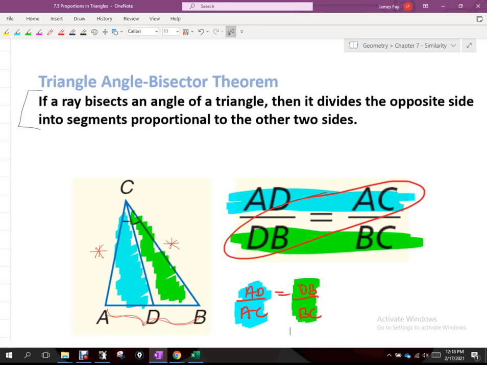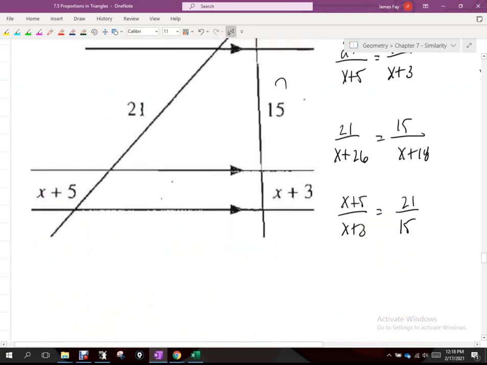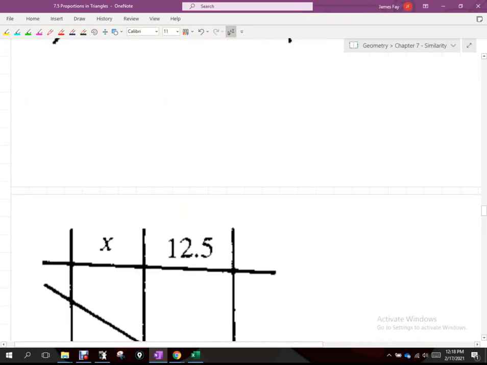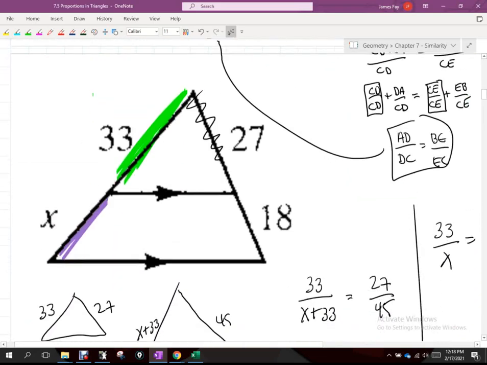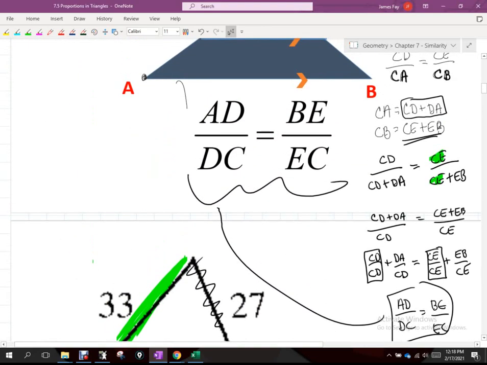We saw yesterday, if you watched the video in its entirety, I talked about right here, the proof of this. The idea that if I add the denominator to the top and the denominator to the top, basically adding 1 to both sides of the proportion, I can do that.